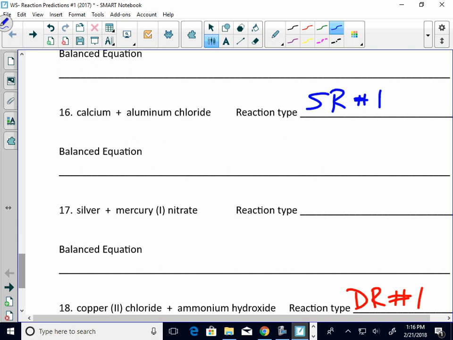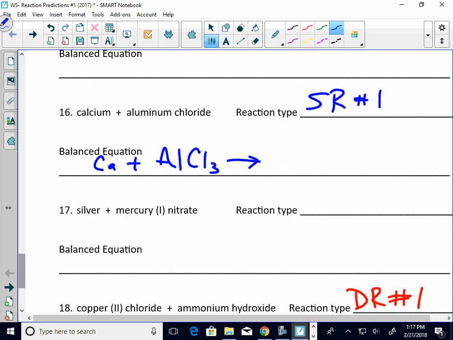Now, what's going to happen is I have calcium, and calcium is going to try to replace aluminum in aluminum chloride. So I look at my activity series.